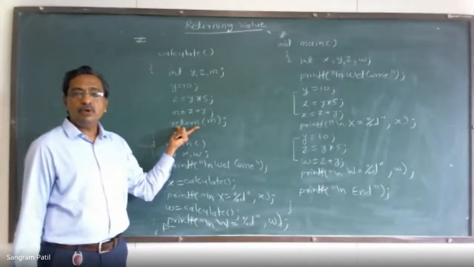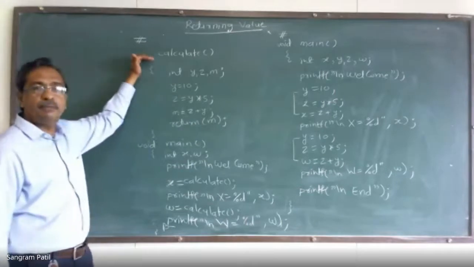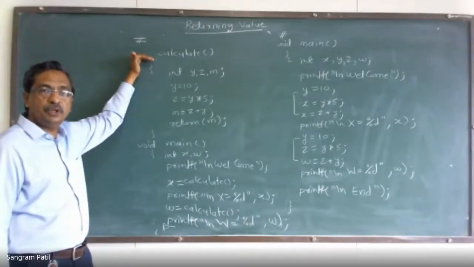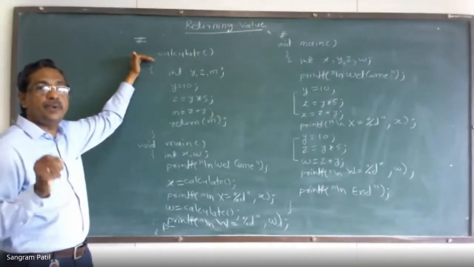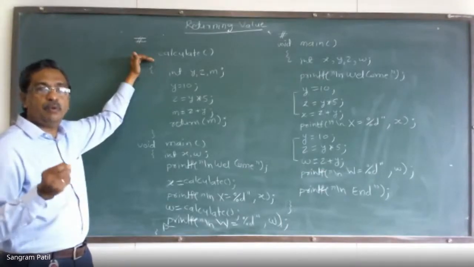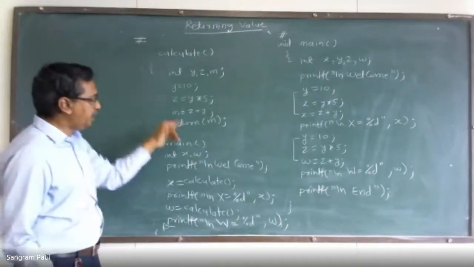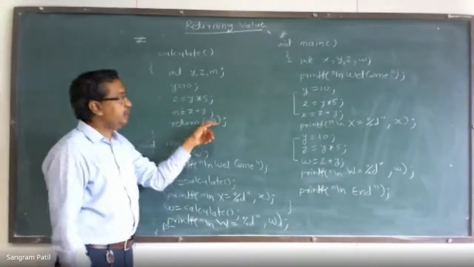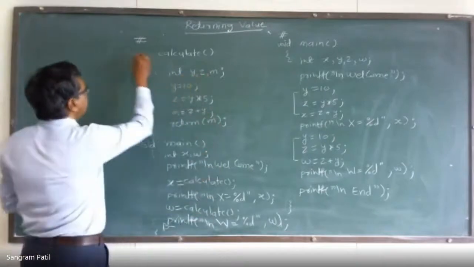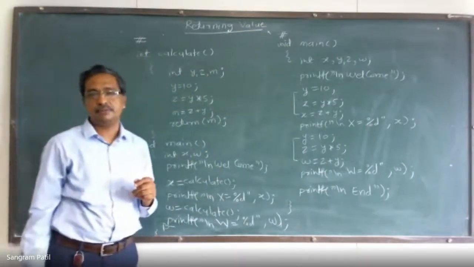So whenever you are returning a value, instead of void, you have to mention the data type of variable whose value you are returning. Here we are returning m. Type of m is integer, so we have to mention here integer.